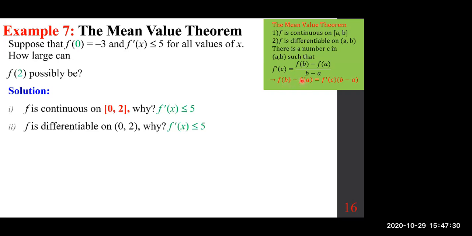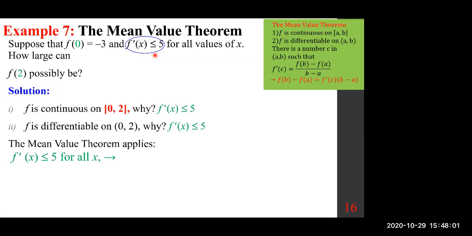Remember, you go from 0 to 2. So you have f of b, you have f of a, f prime of c times b minus a. So why don't we put it in that context, knowing that f prime is less than or equal to 5. That means f prime of any point, including c, is less than or equal to 5. The mean value theorem applies. We know f prime is less than or equal to 5. Therefore what?